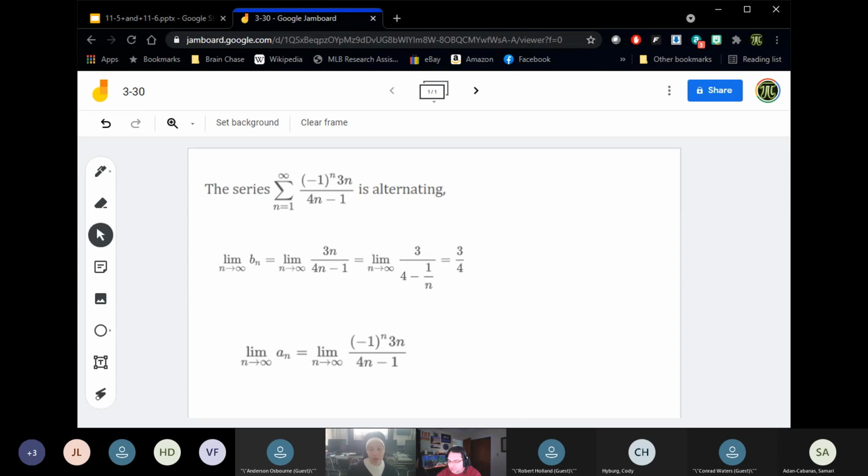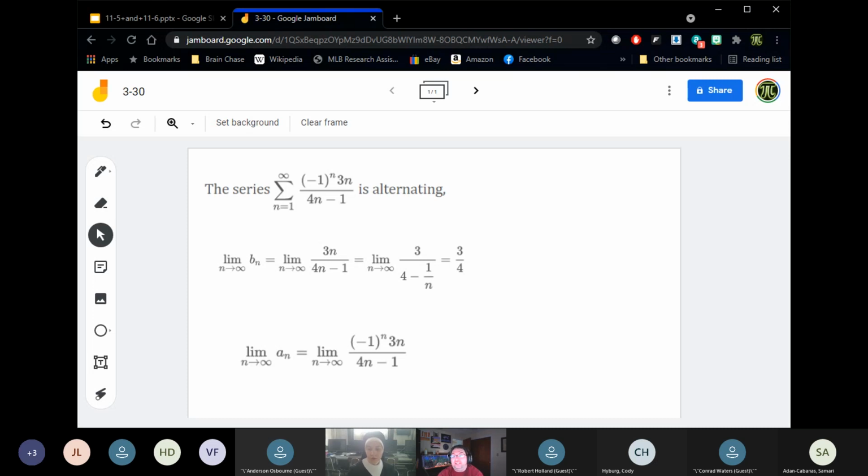So if it doesn't meet those two criteria, it automatically diverges? Like if either one of them doesn't work, then it diverges? No. If it doesn't meet one of those two criteria, I have to do another test to show what it does. So even if it doesn't meet those two criteria, it could still converge.